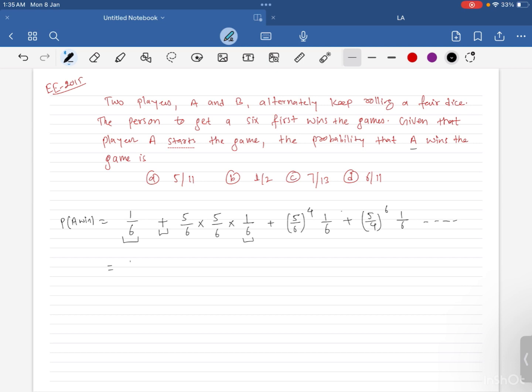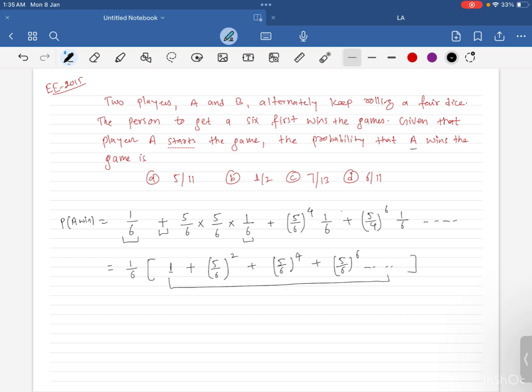So we can take 1 by 6 common. So this is going to form a sum of a GP, geometrical progression. So 5 by 6 square plus 5 by 6 to the power 4 plus 5 by 6 to the power 6, and so on. So this is a GP.